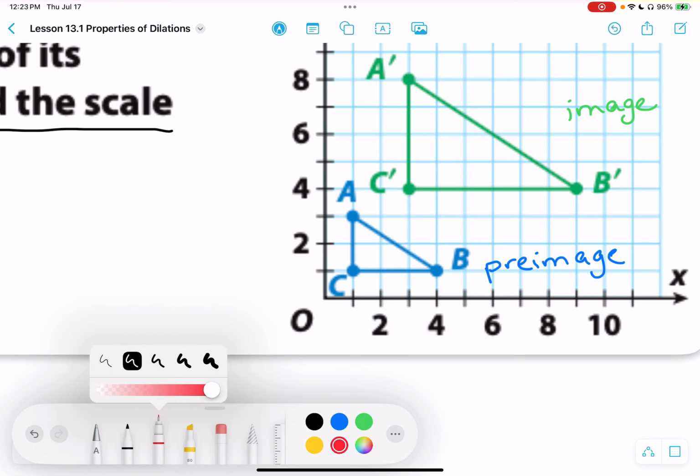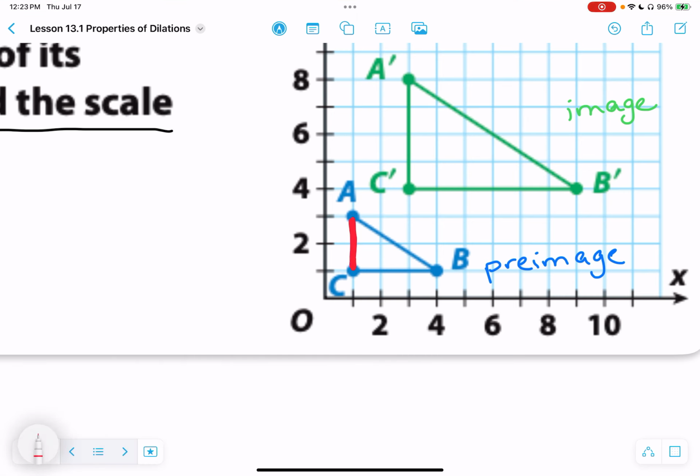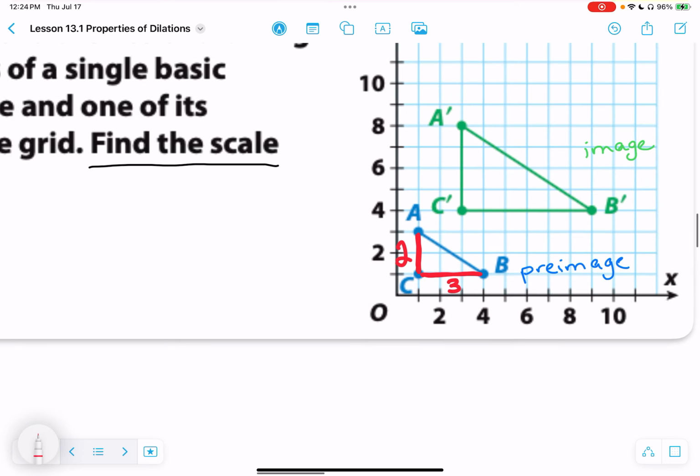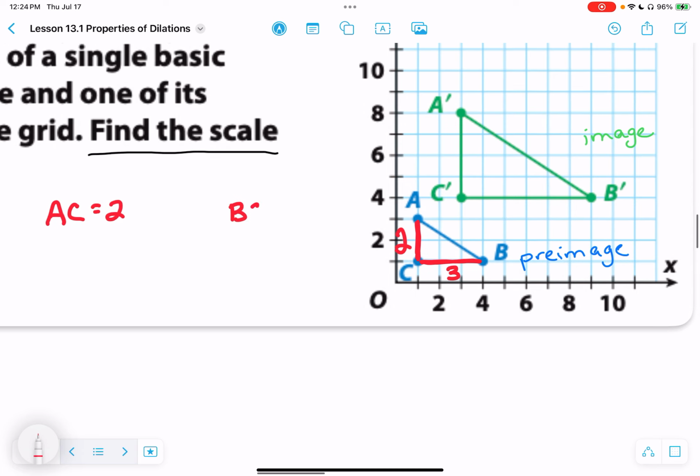So this side right here, side AC, is just 2 units high. And this side right here, side BC, is 3 units long. So side AC is going to be 2 units, and side BC is 3 units.